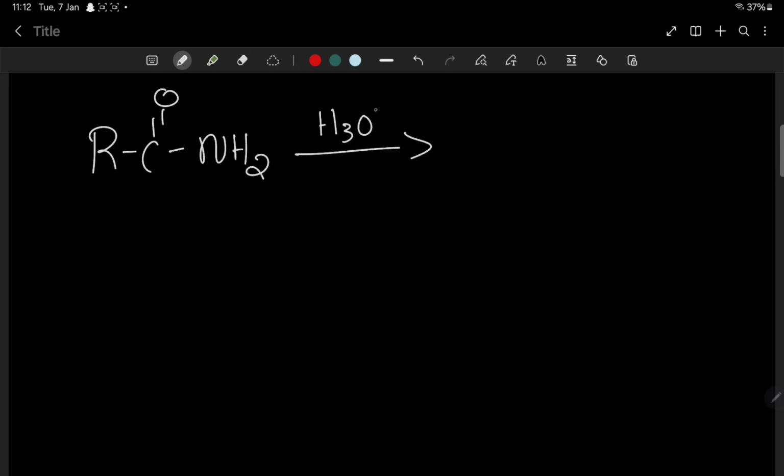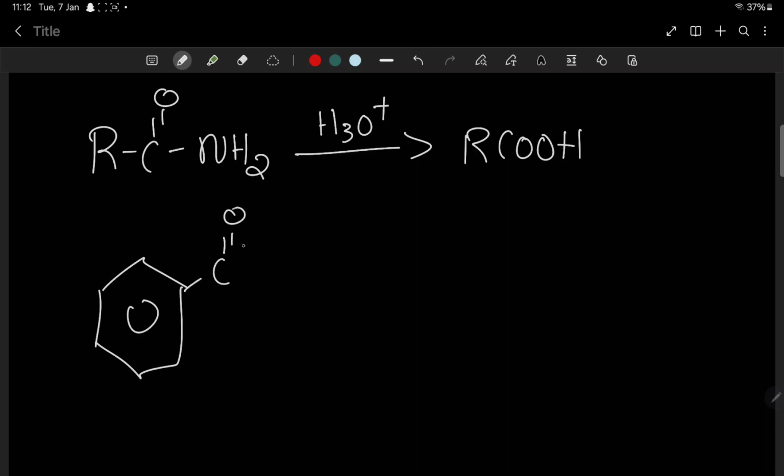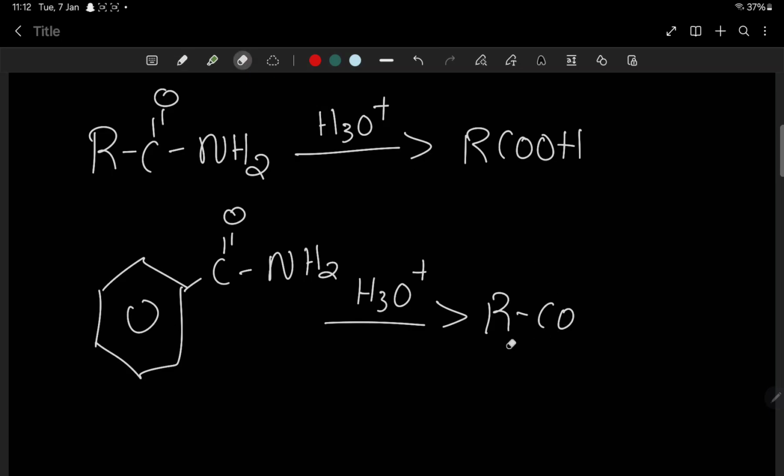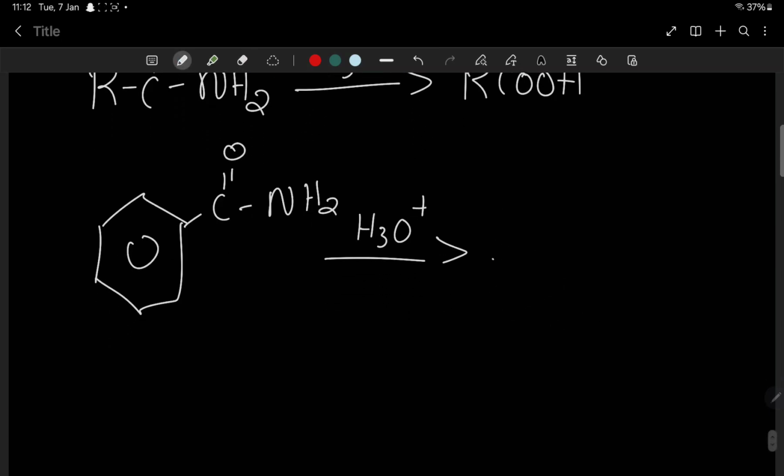Or you can directly take an amide, R C double bond O NH2, and hydrolyze that amide. You get the corresponding carboxylic acid. Simple. You can take benzamide also, that is phenyl C double bond O NH2, and hydrolyze.